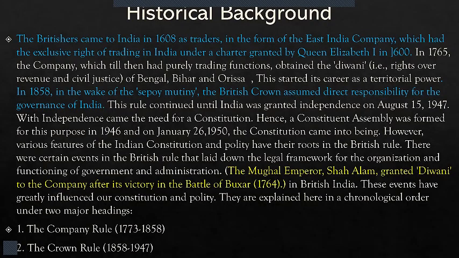So let's start. The Britishers came to India in 1608 as traders in the form of the East India Company, which had the exclusive rights of trading in India under a charter granted by Queen Elizabeth I in 1600. Like we all know, Britishers arrived in India in the form of the East India Company.